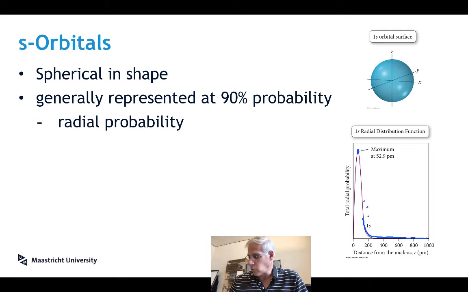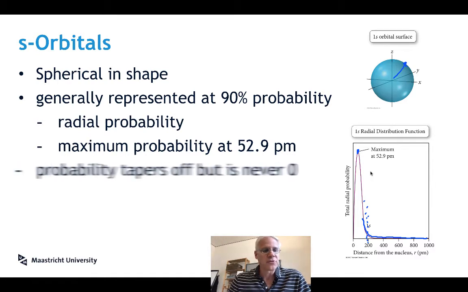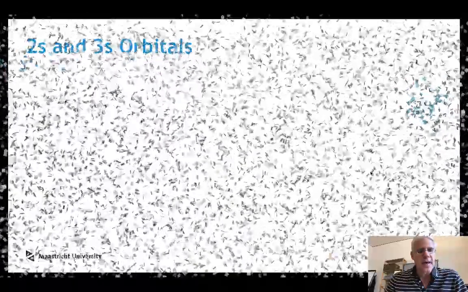At what point do I have 90% of the area underneath that curve? In that distance is where we would draw the edge of our s orbital. It's not important what the value actually is. I mentioned that.